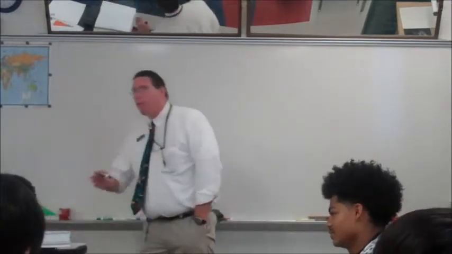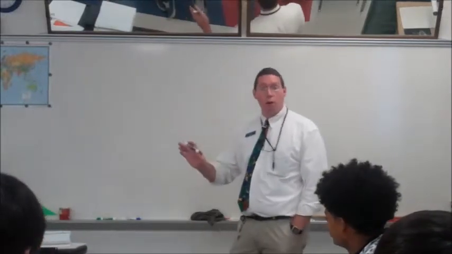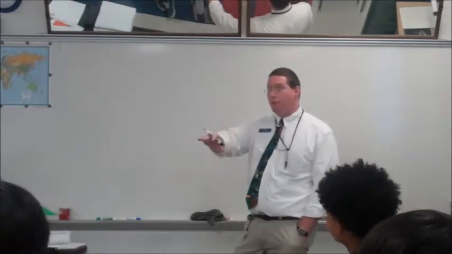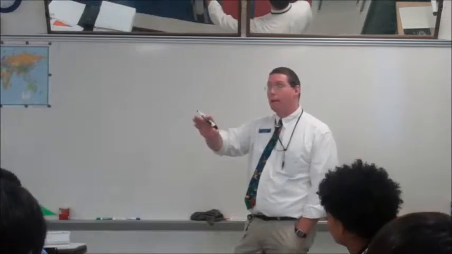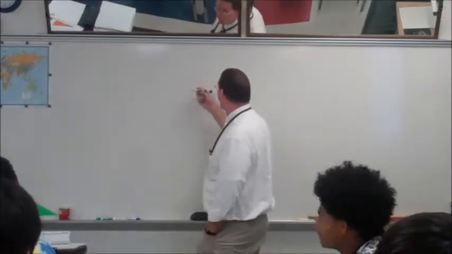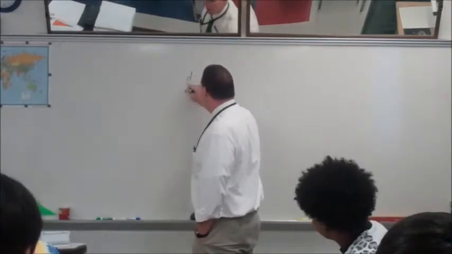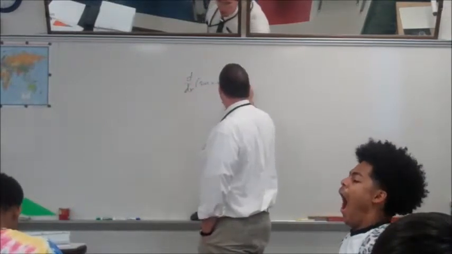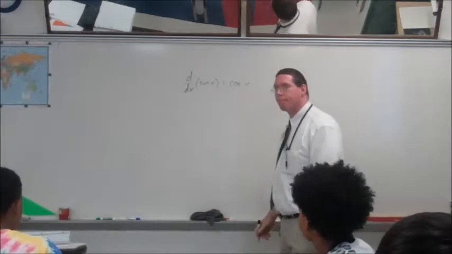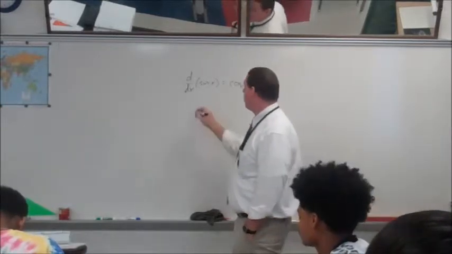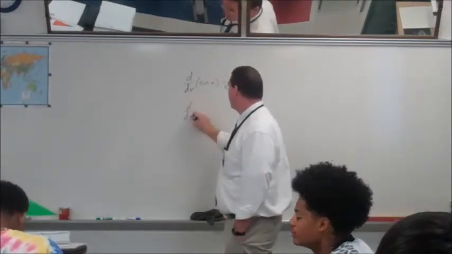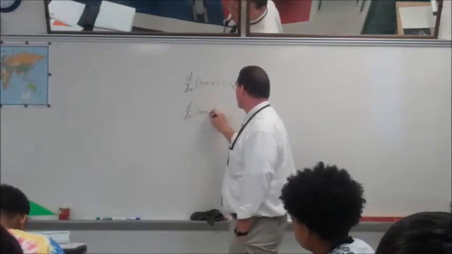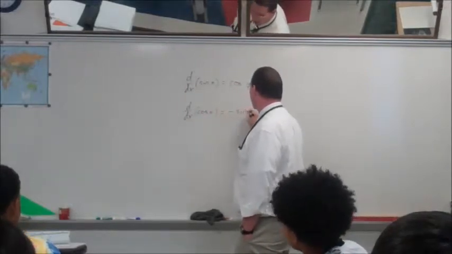So, the basic idea, this is what we learned in the last class. I'm going to sum up everything that we learned. We learned that the derivative of sine of x is cosine of x. Okay? We learned that the derivative of cosine of x is negative sine of x.